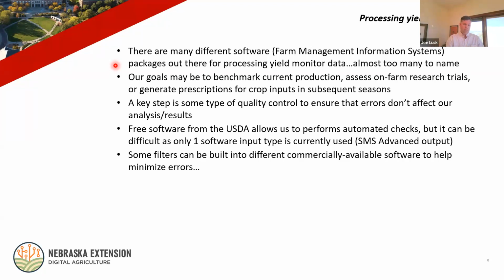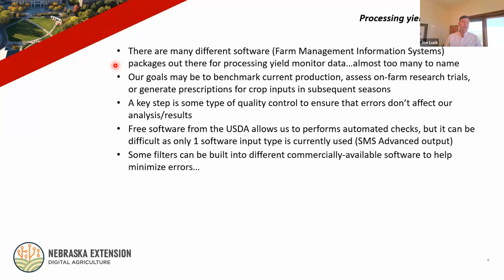So if you have your jump drive, and the one I'm using right now is one of the Nebraska thumb drives, the data on it is typically encrypted, and it has to be unpackaged by some software that's capable of doing that, to get it into a format you can work with without special farm management information software.